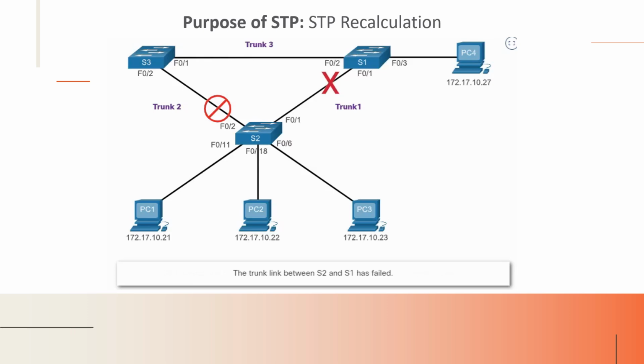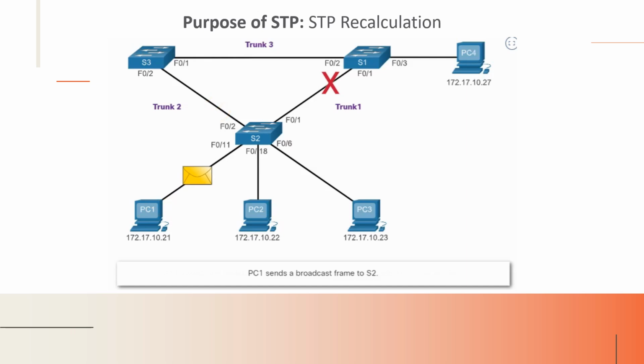And here, if we see this video, we'll see the animation of spanning tree protocol recalculating the route when we have a failure. So as you can see, the link between switch 2 and switch 1 has failed.